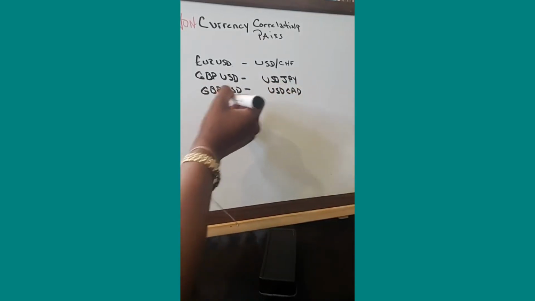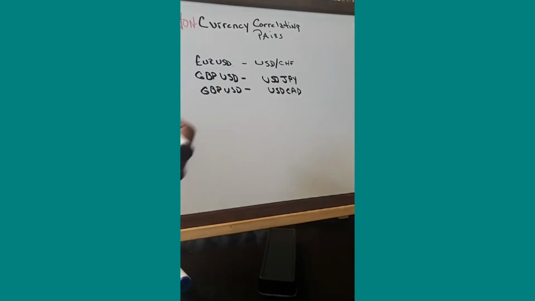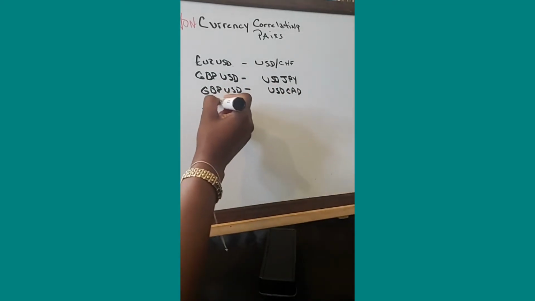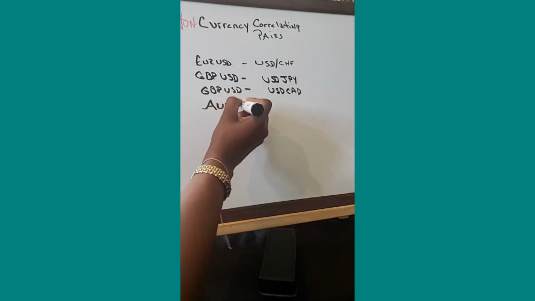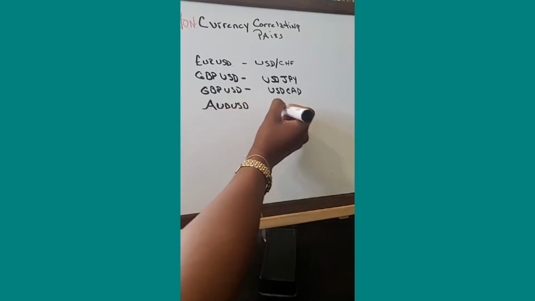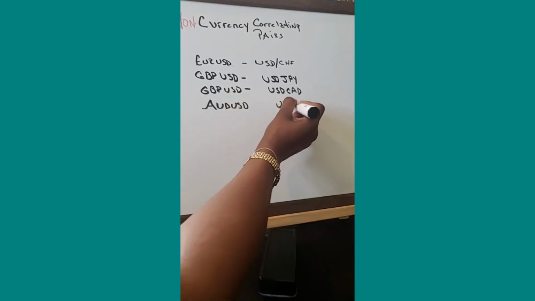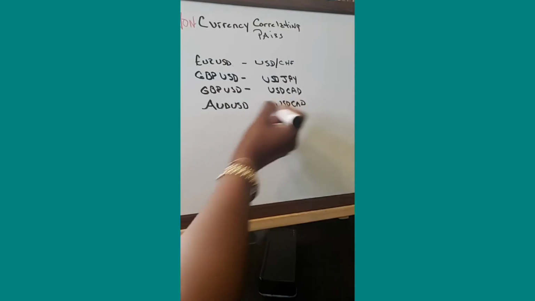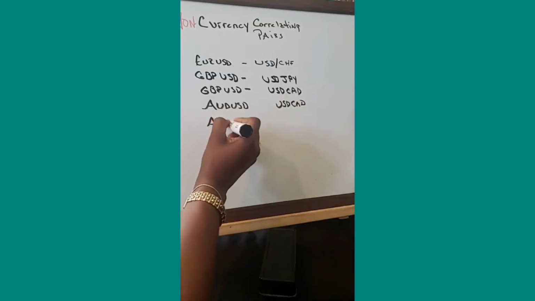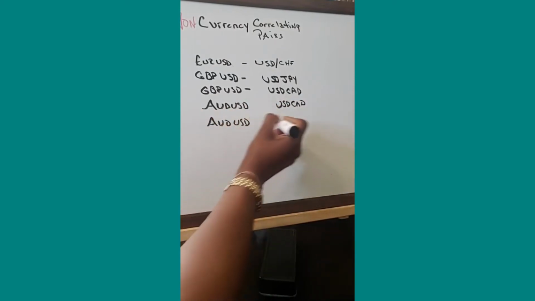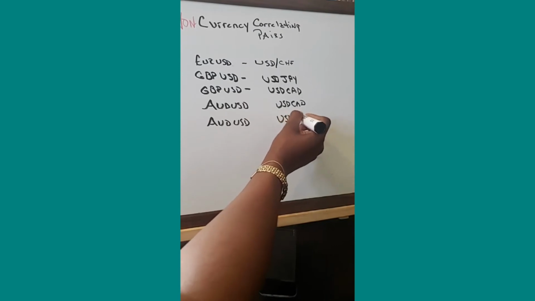I know that because I trade these pairs against each other all the time. I'll explain to you about that in a minute. AUD/USD and of course USD/CAD. AUD/USD with USD/JPY.